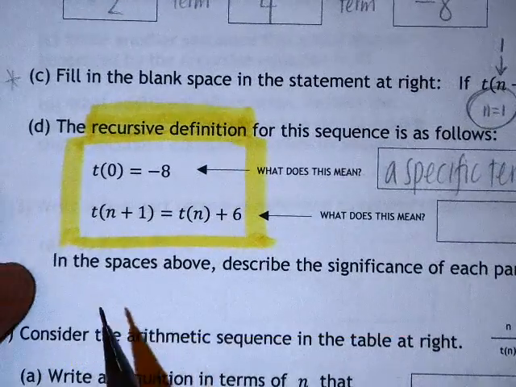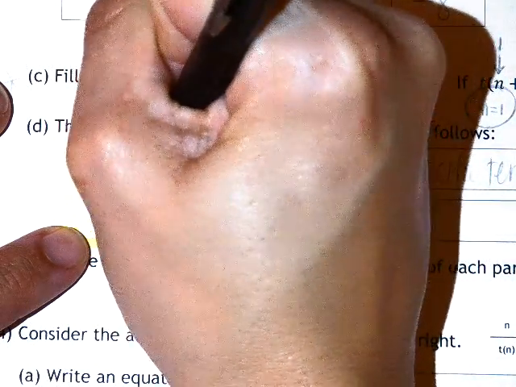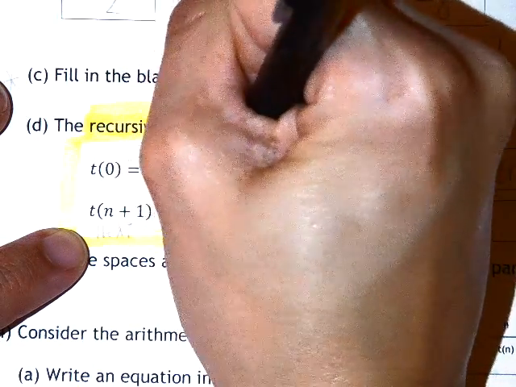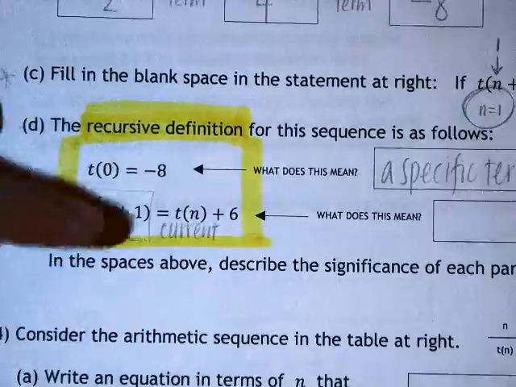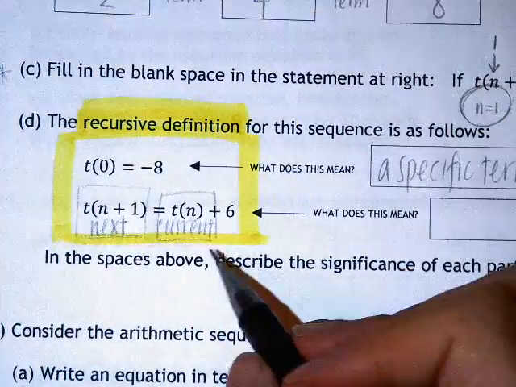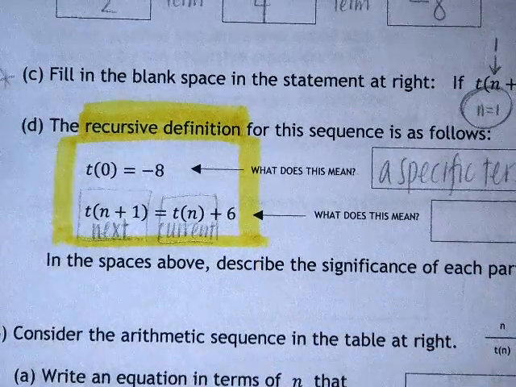If you translate this expression, what it means is to get to the next term in the sequence, take the current term and add 6. That's kind of a direct translation of these parts. T of n plus 1 is like saying the next term. T of n is like saying take where you currently are. And then the plus 6 is obviously saying add 6.